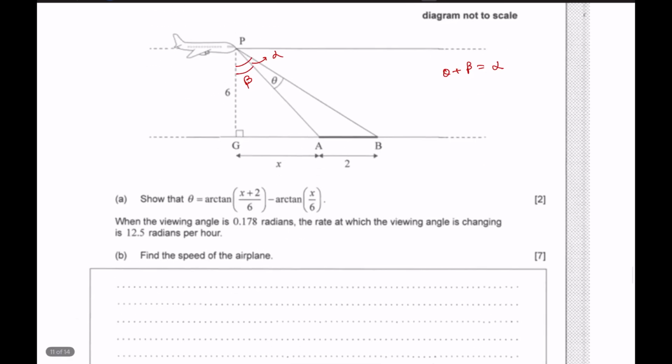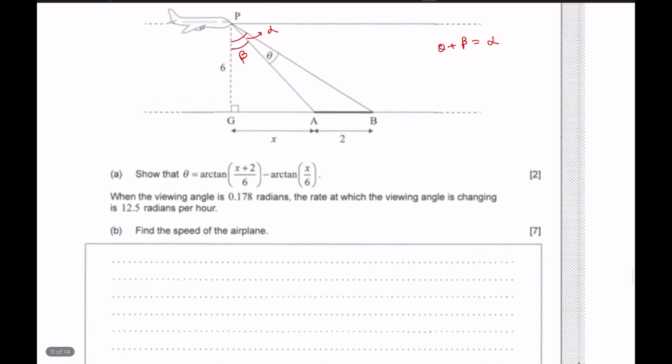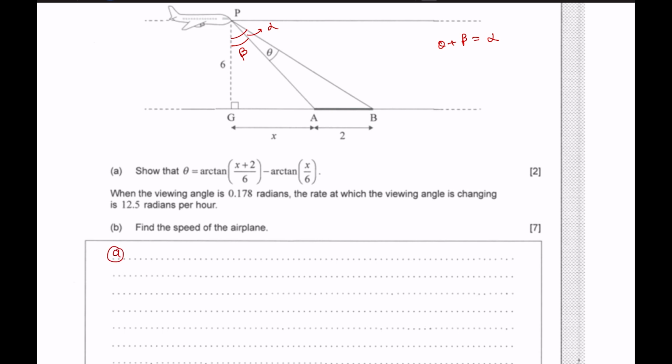Now, if you look at this triangle AGP, tan beta would be opposite over adjacent, x over 6. From here, beta would be tan inverse x over 6.